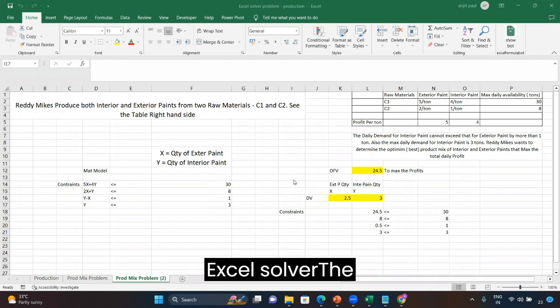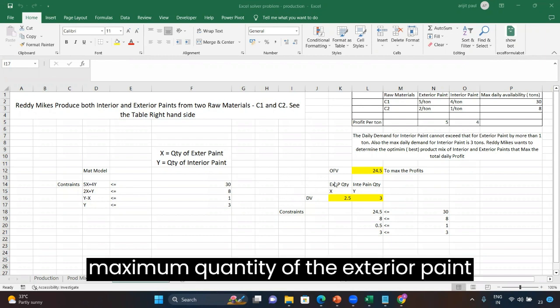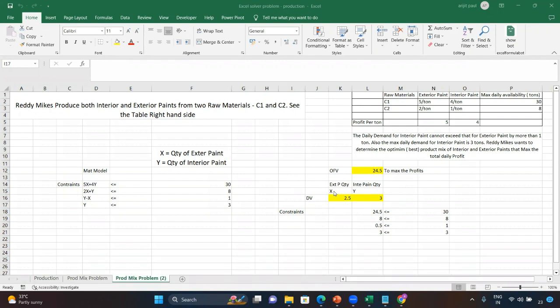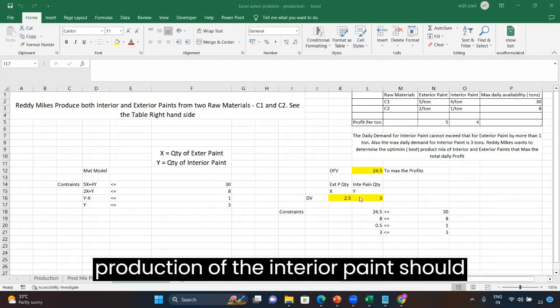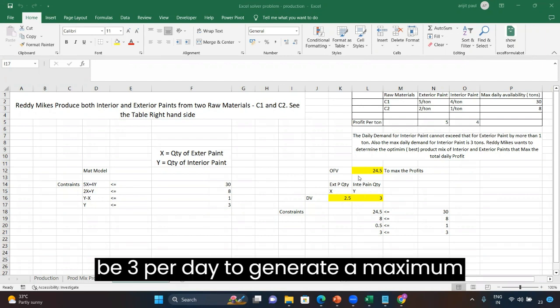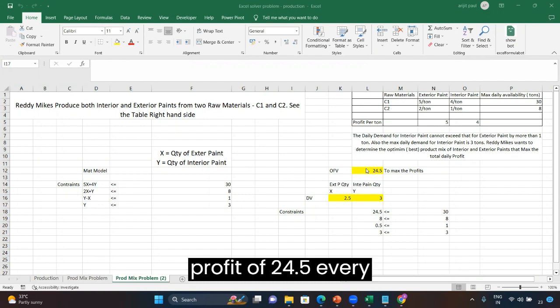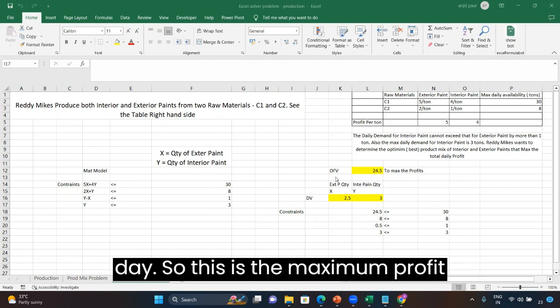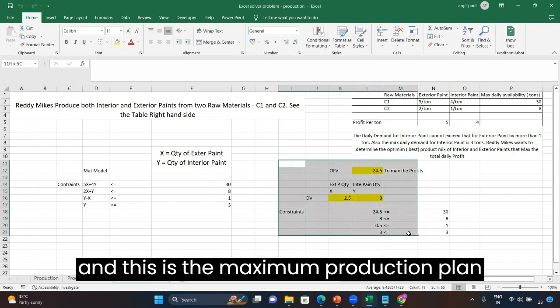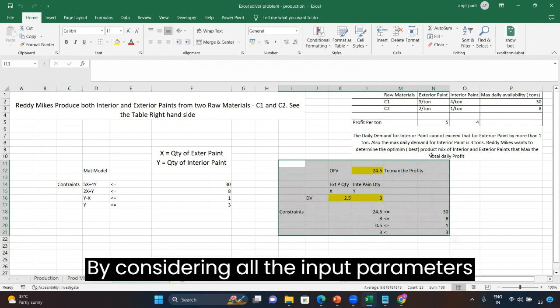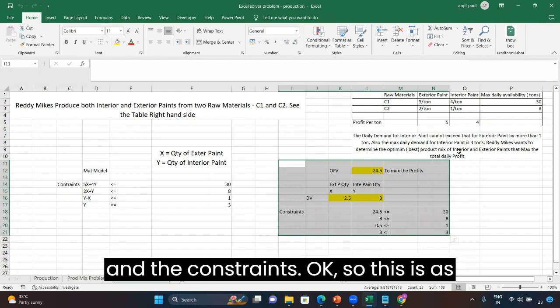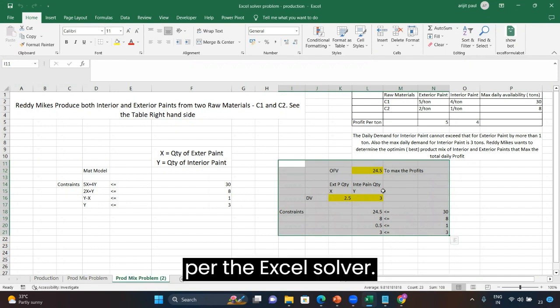As per Excel solver, the maximum quantity of the exterior paint that we can produce is 2.5 ton and the maximum production of the interior paint should be 3 ton per day to generate a maximum profit of 24.5 every day. So this is the maximum profit and this is the maximum production plan that we can do by considering all the input parameters and the constraints. Okay, so this is as per the Excel solver.